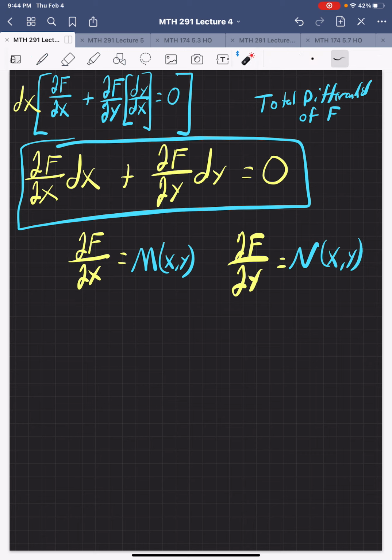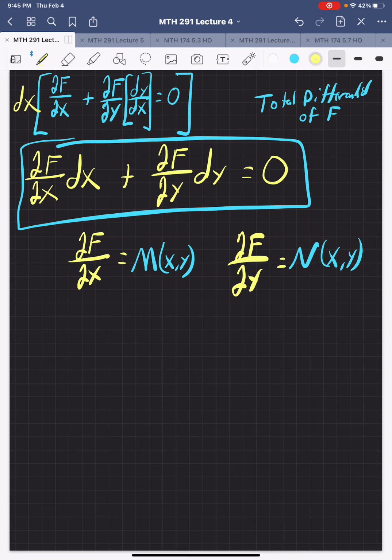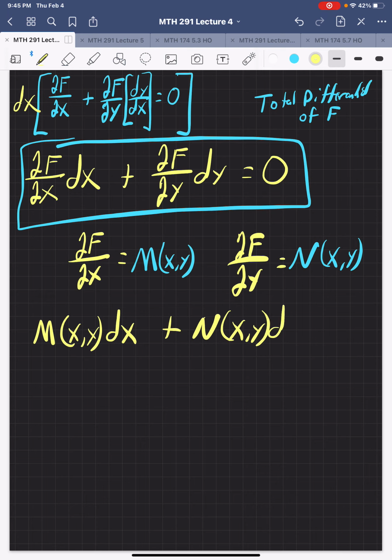So now that we've relabeled, let's just plug in. So this is going to be M of x, y times dx plus N of x, y times dy is equal to 0.